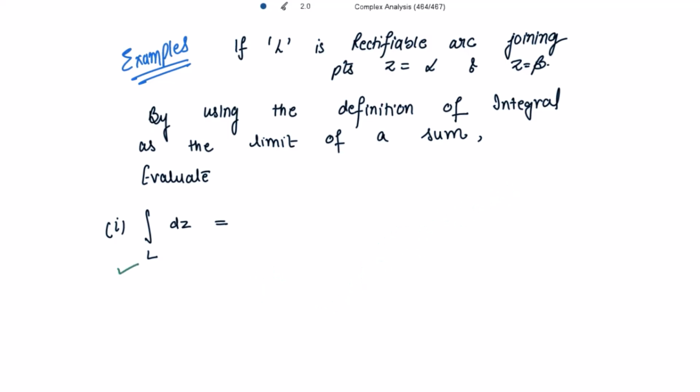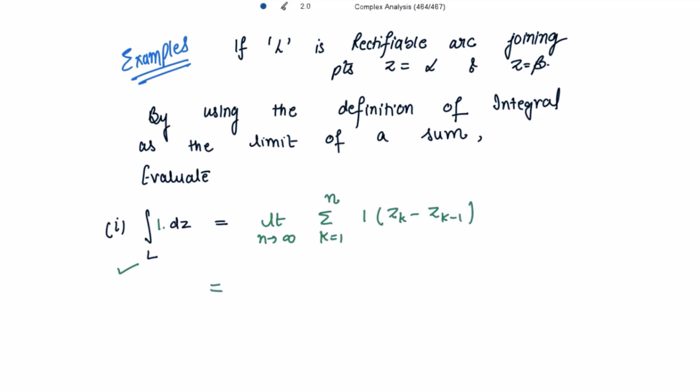By definition this is equal to the limit n tends to infinity of the summation k going from 1 to n, where the integrand is 1, a constant value, so f of xi k is equal to 1, multiplied with delta zk, that is zk minus zk minus 1.